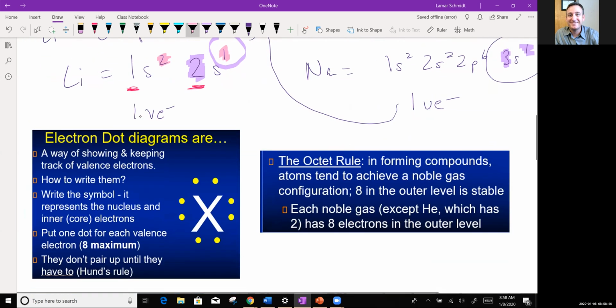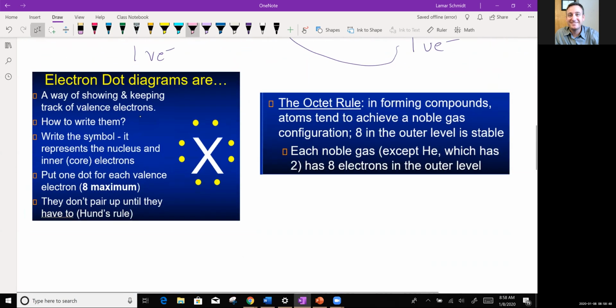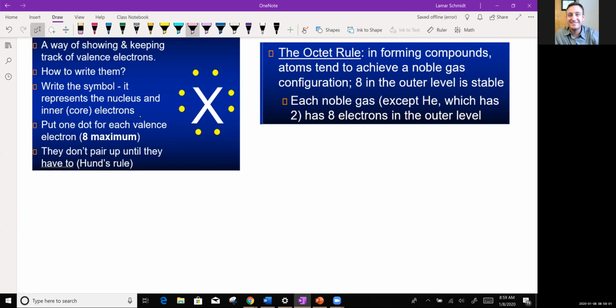Okay, so now we want to write the electron dot structure, and it's a way of keeping up with valence electrons. So we have to know how many valence electrons we have in order to write a proper dot structure. So how do you write them? You write the symbol, and they're using just any X as a variable to represent any symbol. And when you write these dots, they represent only valence electrons, only the electrons in the highest energy level.